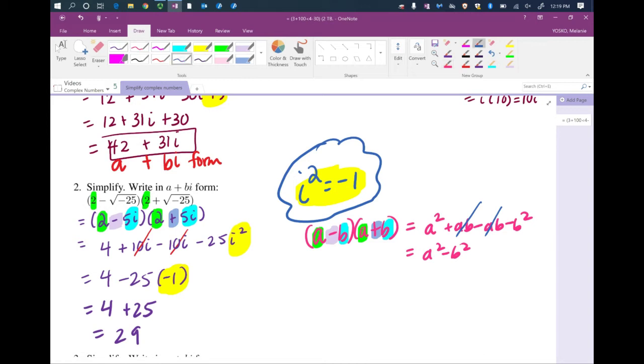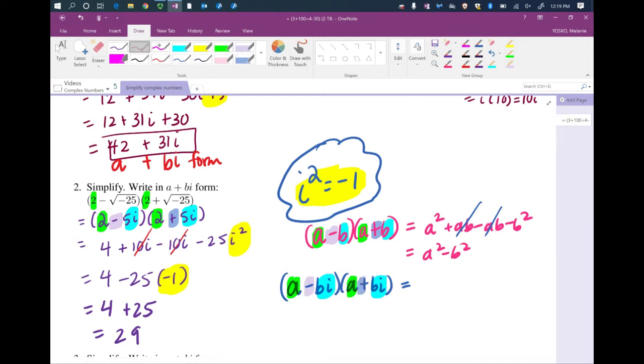Turns out if you have complex numbers, you have like an a minus bi times an a plus bi. All you have to do is follow that form. This results in a difference of two squares if it were real numbers, right? So our numbers aren't real, but we're still going to have the same process.